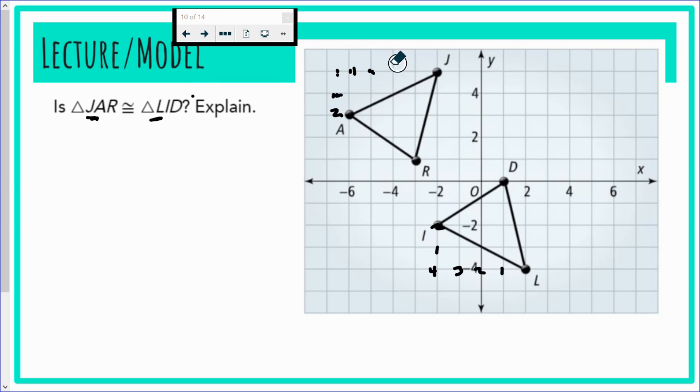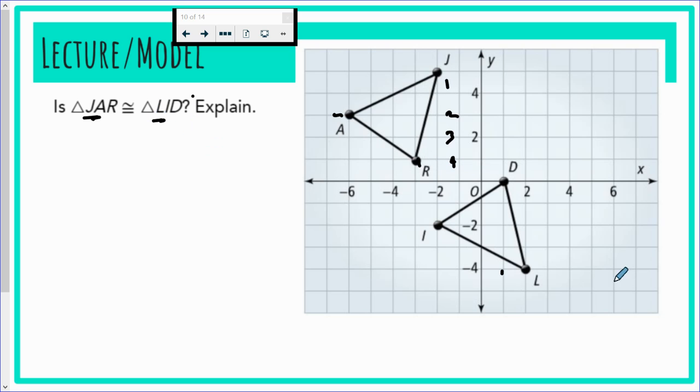Now let's look at side JR and side LD. For JR, we go down 1, 2, 3, 4 units, and we go over 1 unit. So our X goes 1, our Y moves 4.